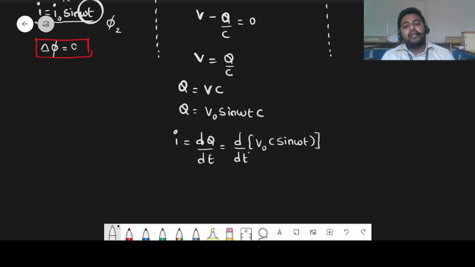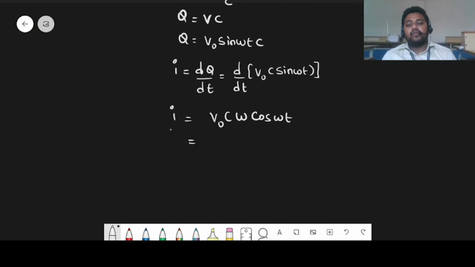If sine is differentiated, we get cos. So this can be written as V naught C into omega cos omega t, which is the equation of your I. So you can write this entire expression as, if I want to express it in the form I is equal to I naught sine omega t form.